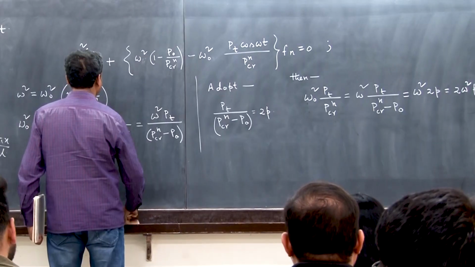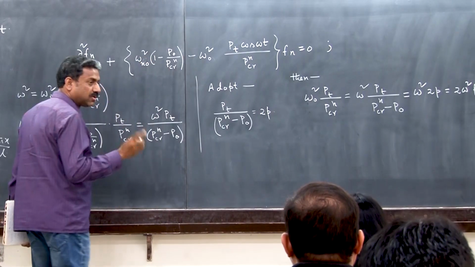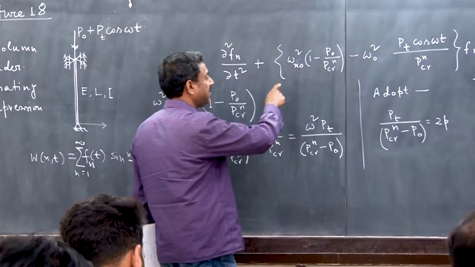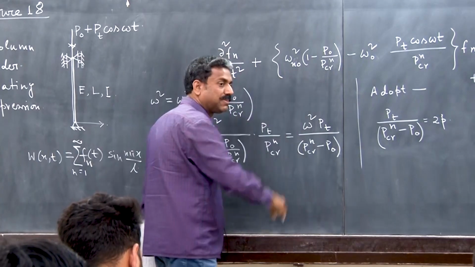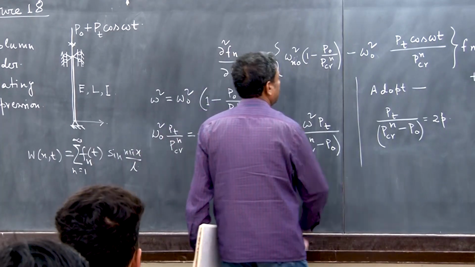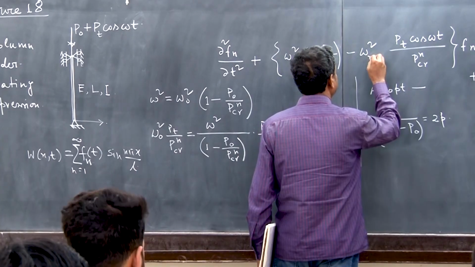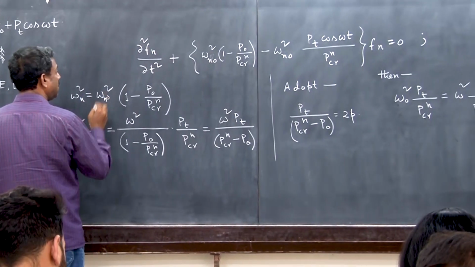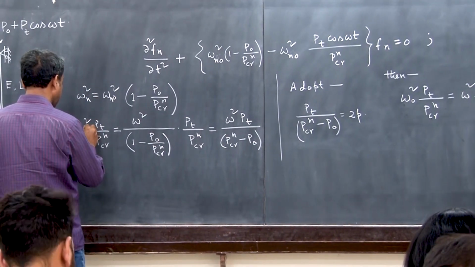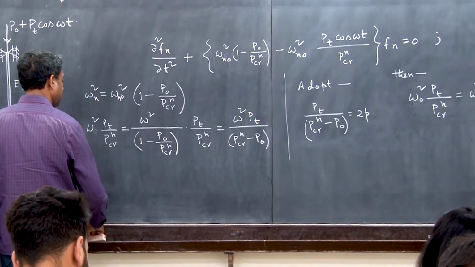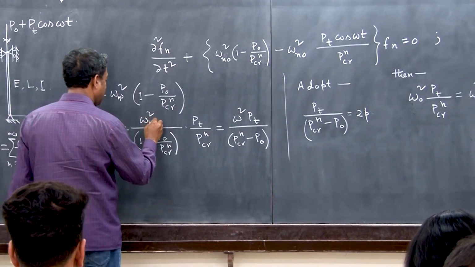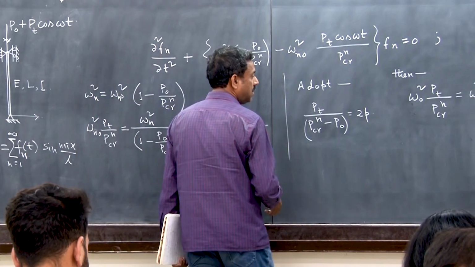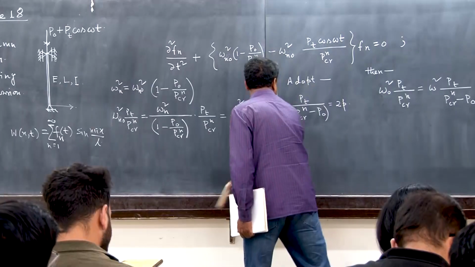Please note that I will put omega n0 for the natural frequency, so please distinguish between the loading frequency, where omega is the frequency of loading, whereas when I assign a subscript n, this is the natural frequency.